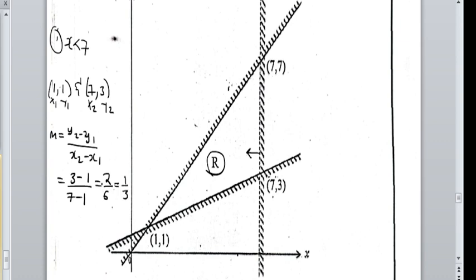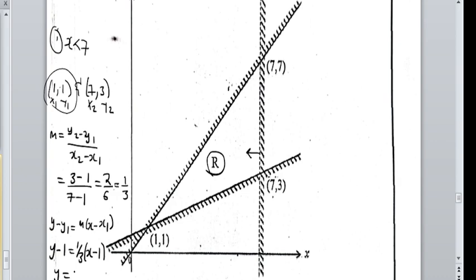Then we now find the equation. We can use this formula: y minus y1 must be equal to the gradient times x minus x1. I'm going to pick the point 1, 1. So y minus 1 equals 1/3 times x minus 1. Then I simplify by making y the subject.